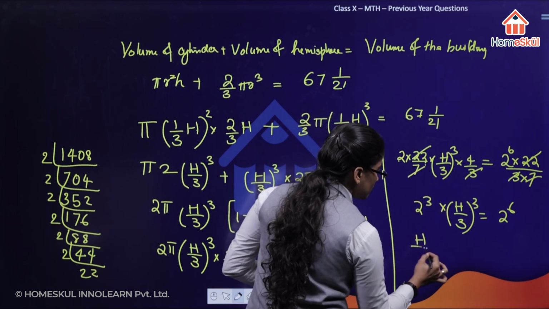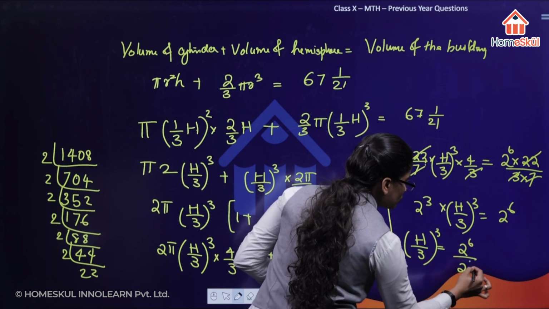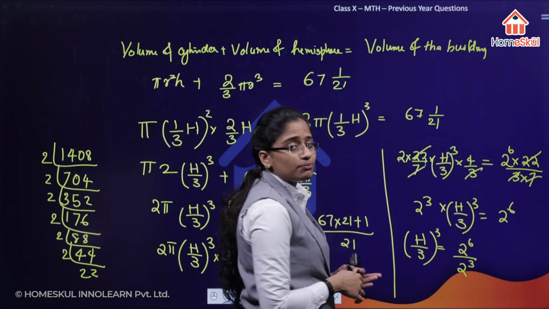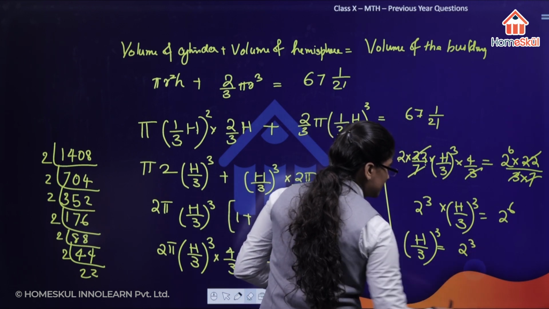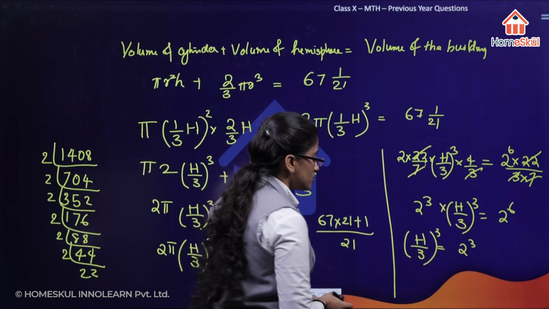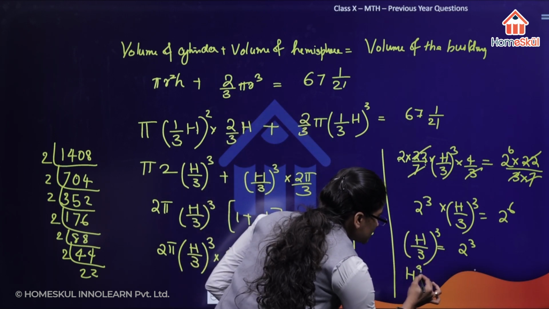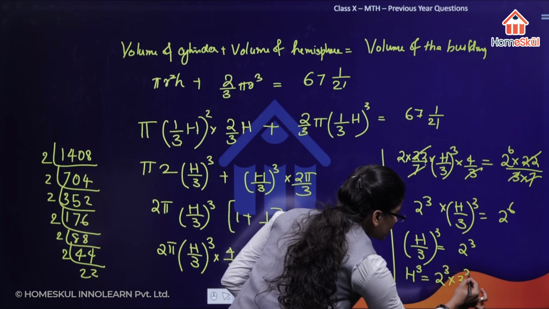That means h upon 3 the whole cube is equal to 2 raised to 6 divided by 2 raised to 3. What is 2 raised to 6 divided by 2 raised to 3? It will be 2 raised to 3, isn't it? That means h upon 3 the whole cube is equal to 2 raised to 3. It could be written as h cube is equal to 2 cube into 3 cube, isn't it?